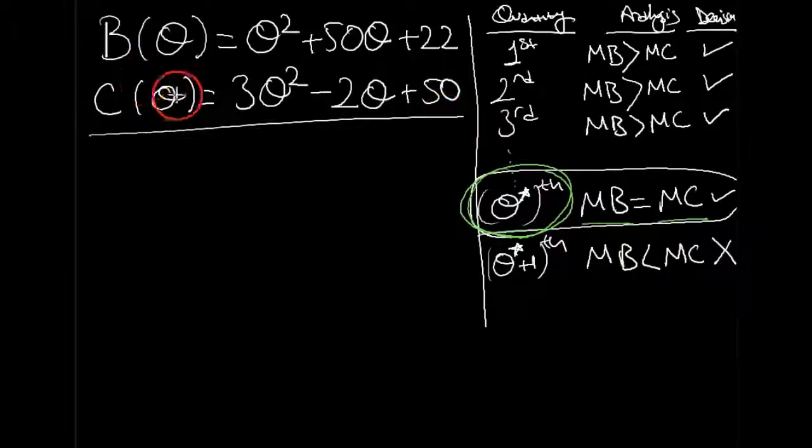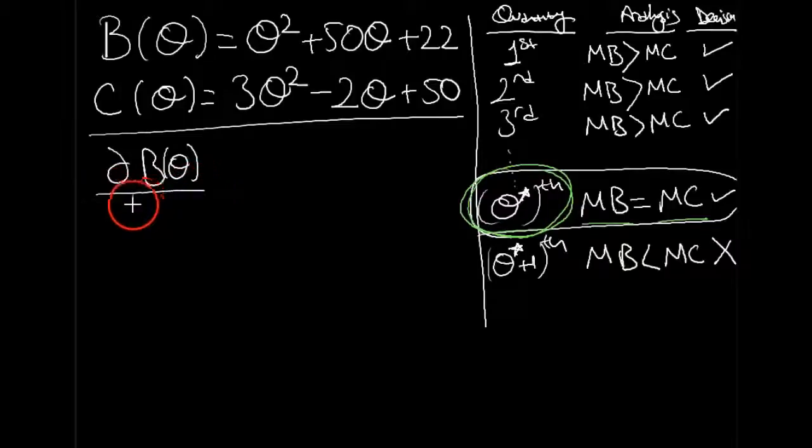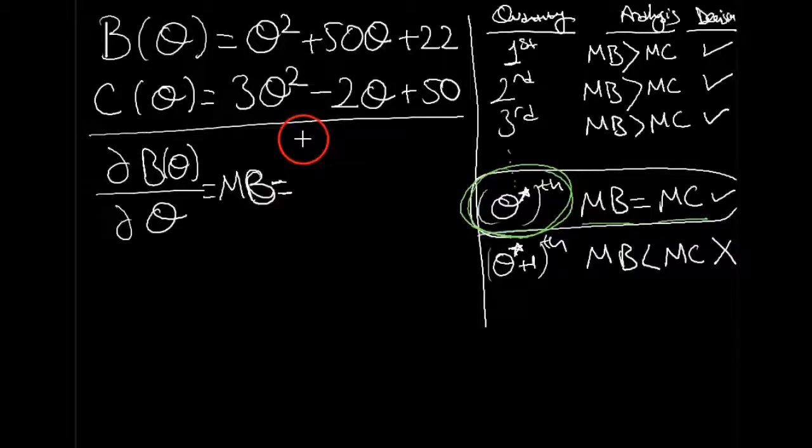If the benefit function is Q squared plus 50Q plus 22, let's take the first order derivative with respect to quantity, which will give us the marginal benefit. This is called the marginal benefit equation. Q squared is going to be 2Q, 50Q is going to be 50, and the constant term 22 is just going to be 0.